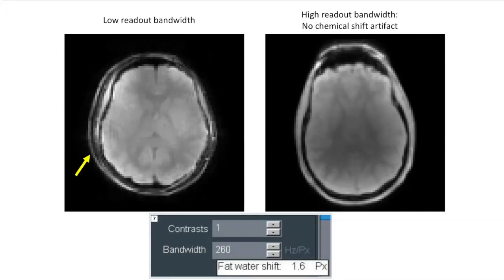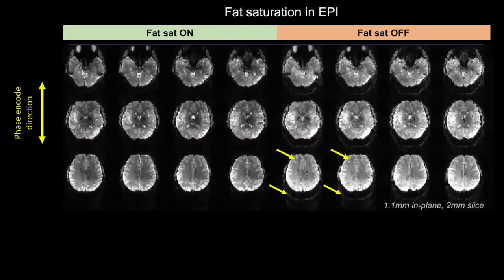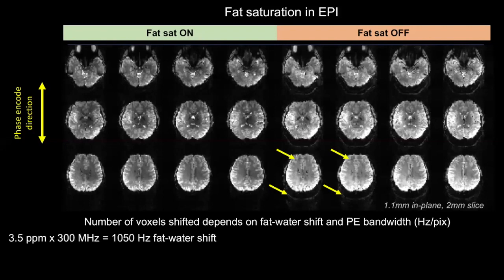And interestingly, in EPI, I just want to mention real quick that the chemical shift is actually in the phase encode direction, because the phase encode bandwidth is really low.